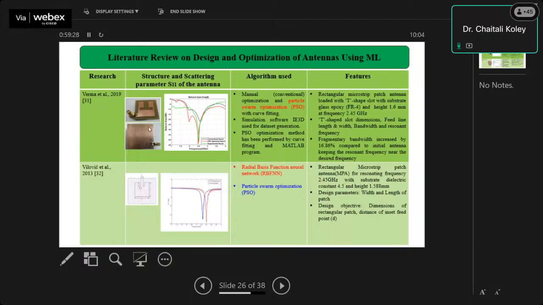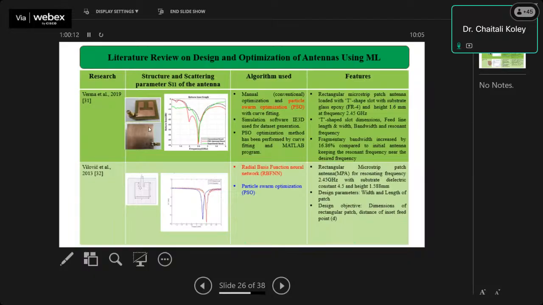They tried initially a conventional optimization technique, and also applied the particle swarm optimization technique with curve fitting. They used PSO to optimize the patch variable parameters. They targeted to increase the bandwidth of the proposed patch antenna, so the optimization of the patch antenna construction was studied using PSO execution.